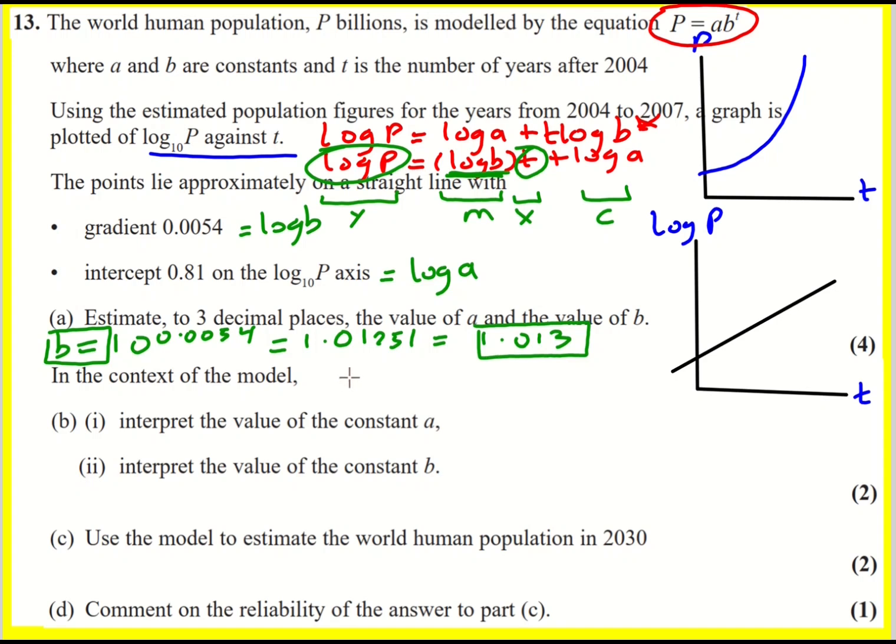And then very similar for A, it's going to be 10 to the power of 0.81, which ends up being 6.45654, which gives 6.457.